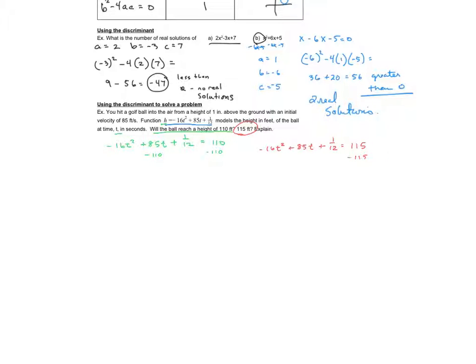So I make it equal to 115, do my inverse operations to get it into standard form. And there you go. I've got it into standard form, A, B, C. I'm using this to figure out what my discriminant is going to be.